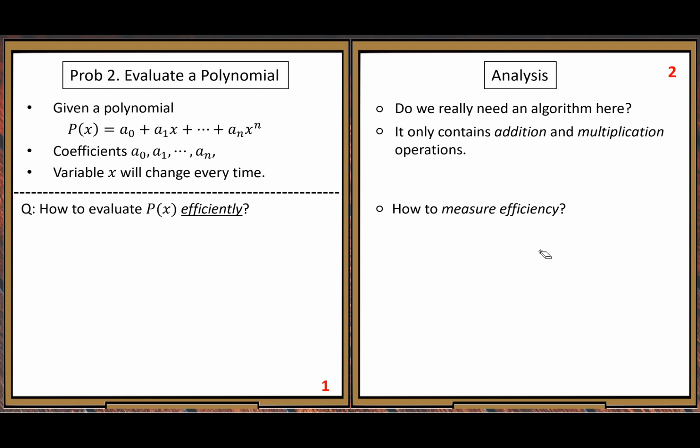Suppose we have several different methods to calculate the value of the same polynomial. The question is, how do you measure efficiency? How do you tell me one is more efficient than the other? That's the question.